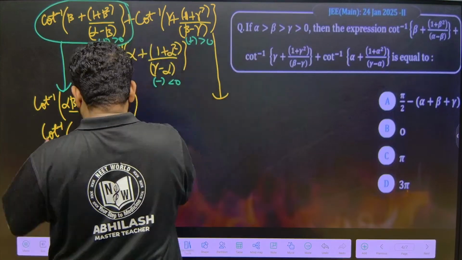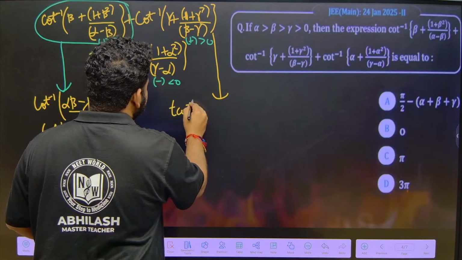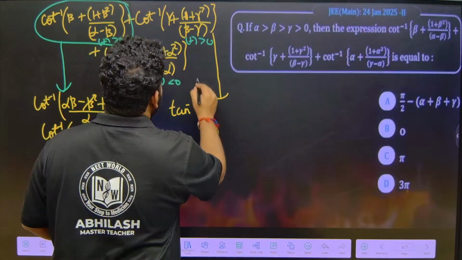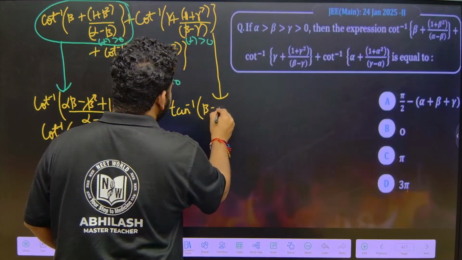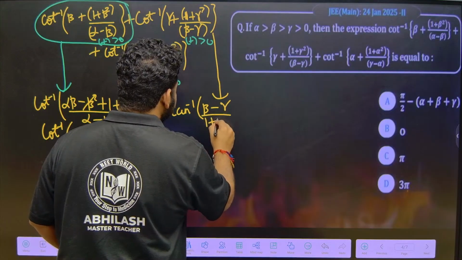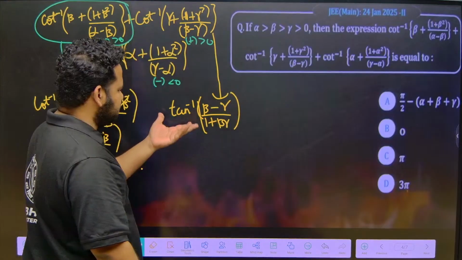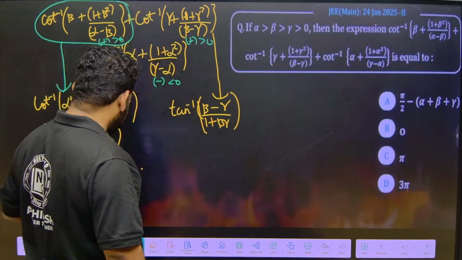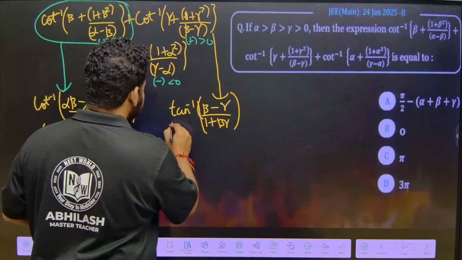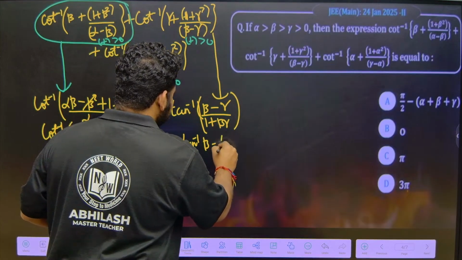Doing it the same way, I will get tan inverse of beta minus tan inverse of gamma, using beta minus gamma by 1 plus beta gamma. Not solving it again, no need to solve it again, it is already similar to this. So I will get it equal to tan inverse of beta minus tan inverse of gamma.